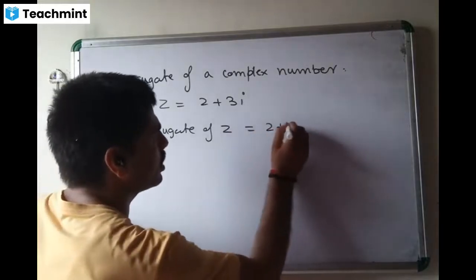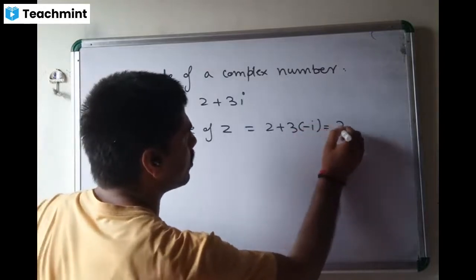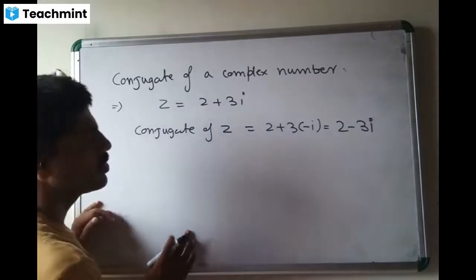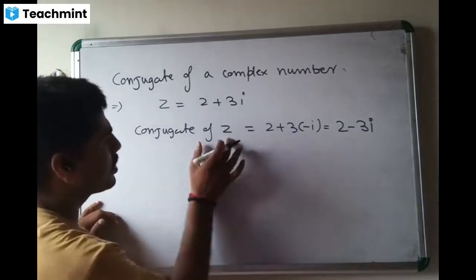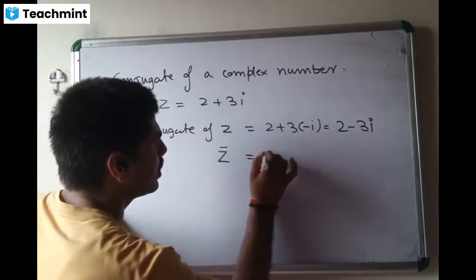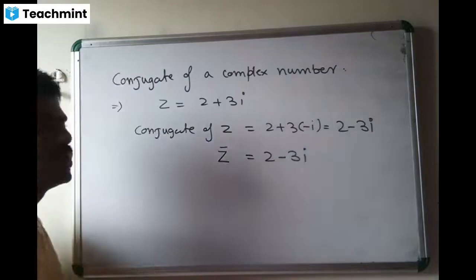So 2 plus 3i becomes 2 minus 3i. The conjugate of a complex number is denoted by z bar. It is very important, you will write z bar.